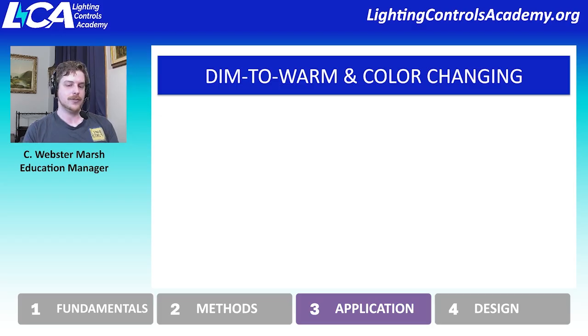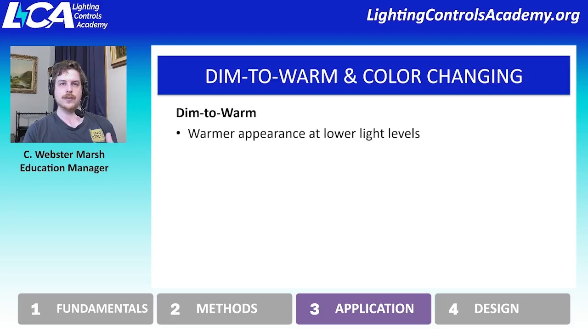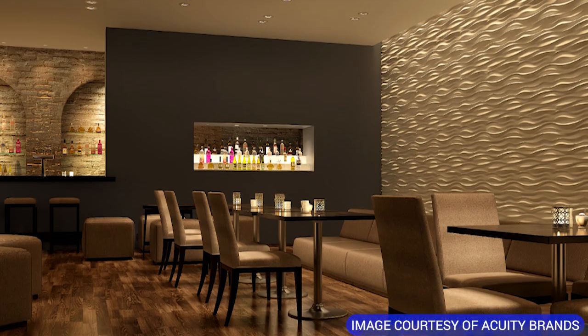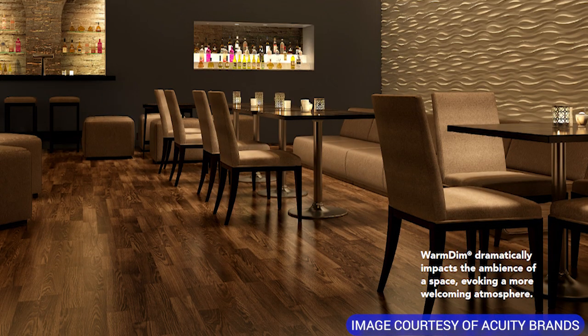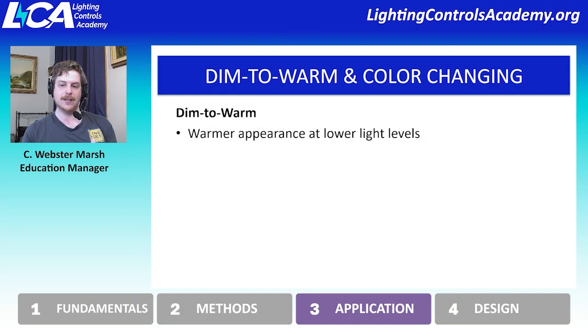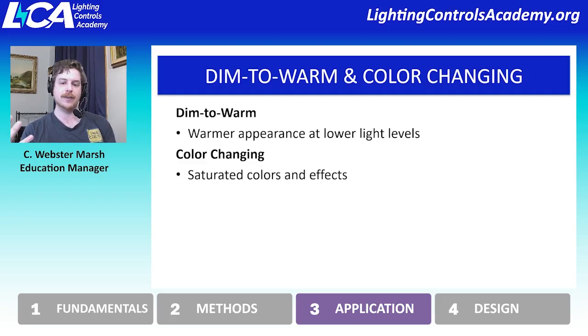Dim to warm and color changing are different from this. Dim to warm is where we are basically locked into a dimming curve for both intensity and color. And so as the fixture goes down in intensity, it'll actually warm up the hue of the light coming out of the fixture. But that's usually locked in place. It's not something that you can modify. Whereas color changing, we're now talking about not just the white color of a fixture, we're talking about saturated colors and effects.